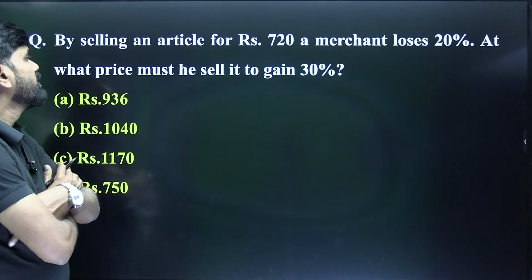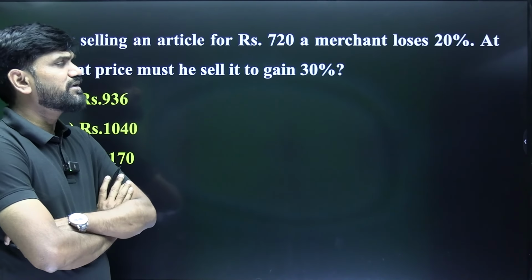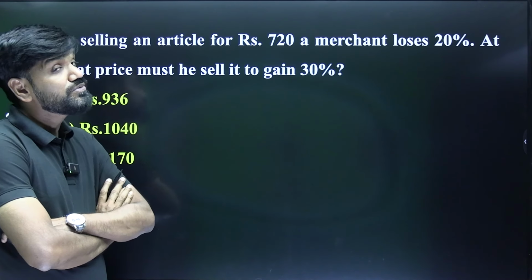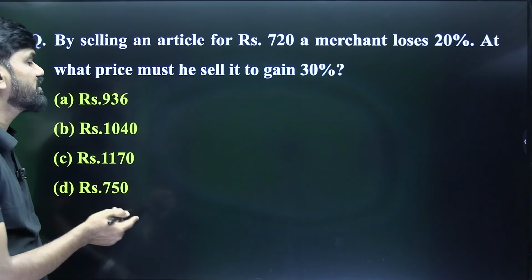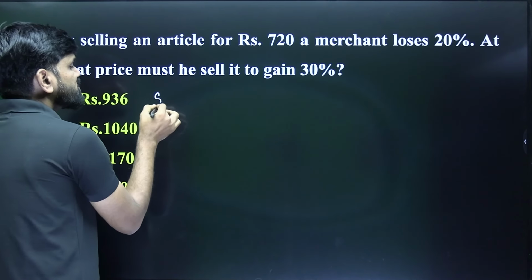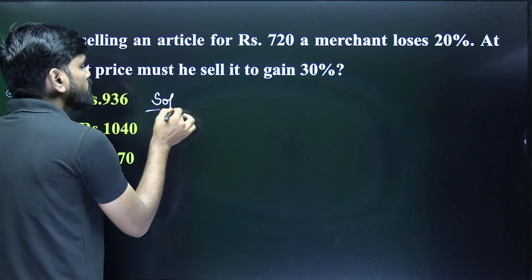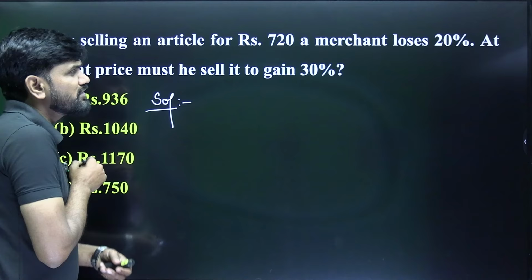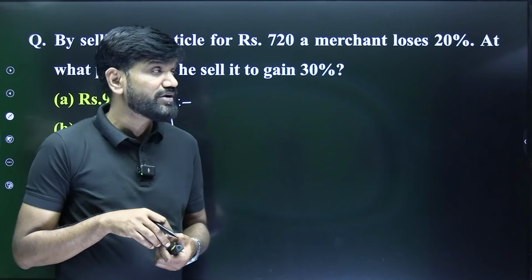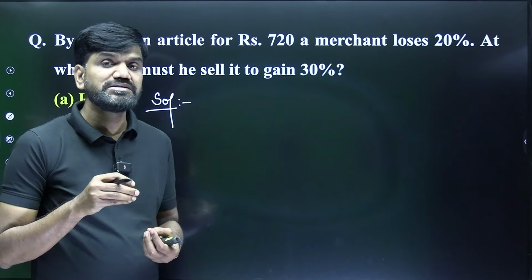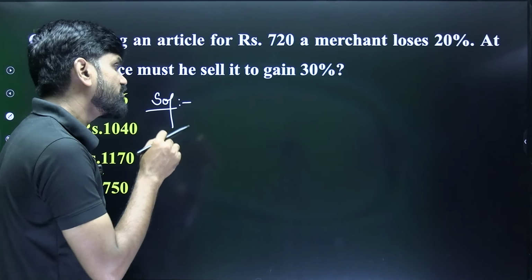Next. By selling an article for rupees 720, a merchant loses 20%. At what price must he sell it to gain 30%? So here the second selling price is introduced. In the first case, when there is a loss of 20%, the selling price was 720. Let me put it in a table.